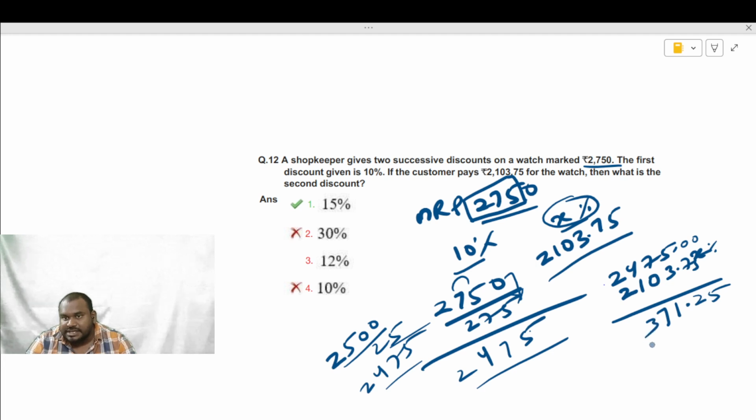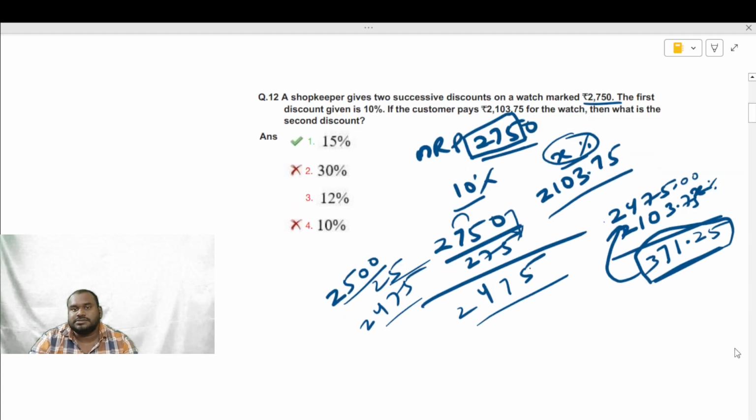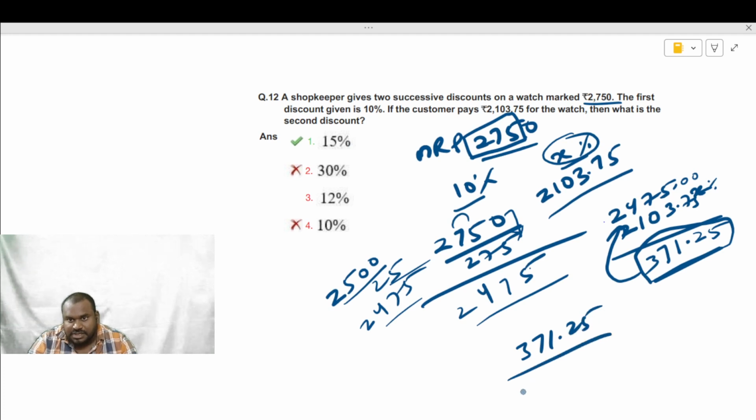So 371.25 is the discount amount given on the value 2475. We need to calculate what percent of 2475 is 371.25. That is the answer. So 371.25 divided by 2475.